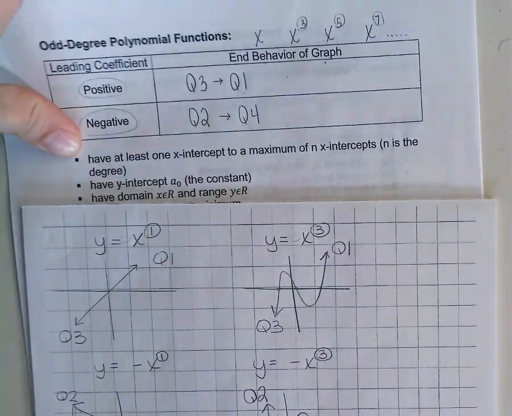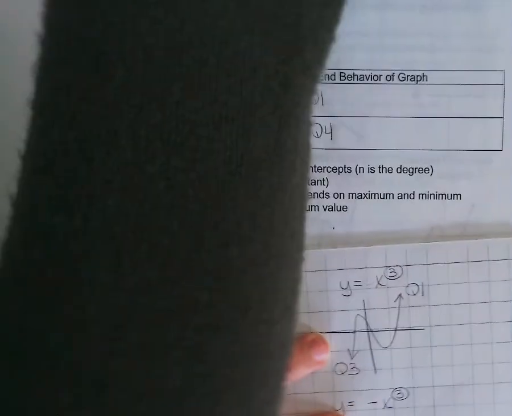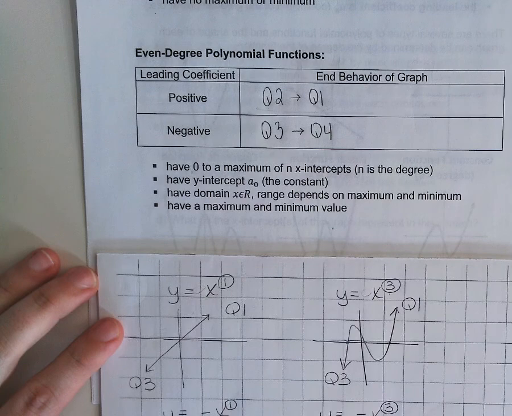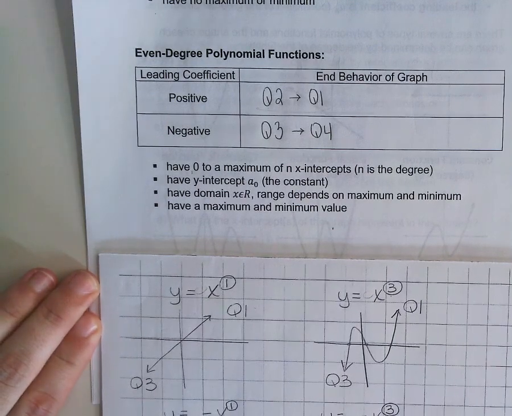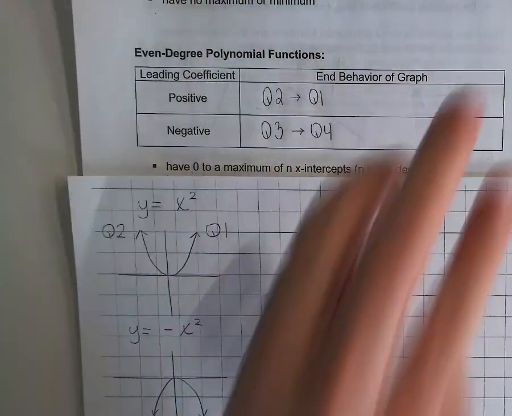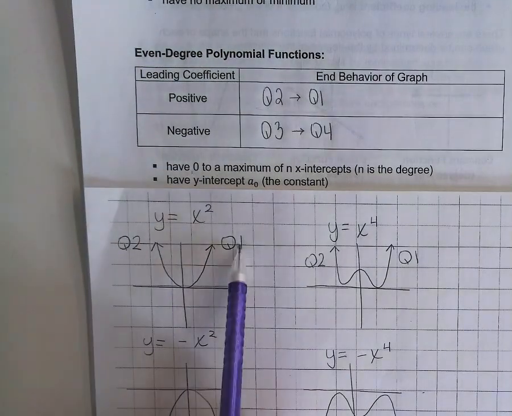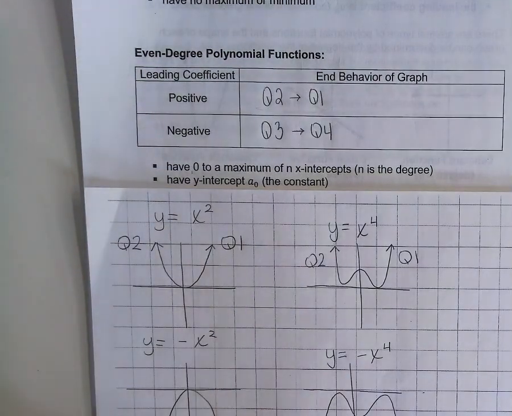When we compare that to even degree polynomials, sometimes we have no x-intercepts. Because these even degree polynomials go from quadrant 2 to quadrant 1 or 3 to 4, they don't always touch the x-axis.